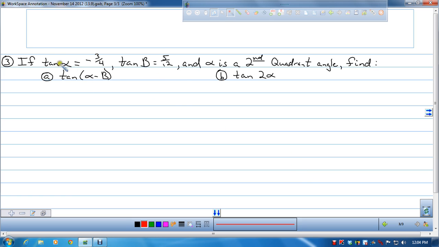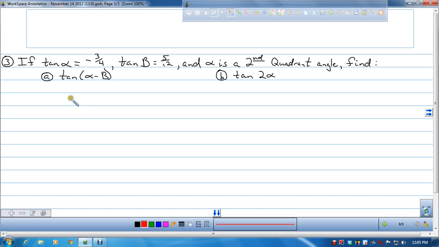Lastly, let's look at a few things. If tangent of alpha equals negative 3 over 4, tangent of beta equals 5 over 12, and alpha is a second quadrant angle, let's look for both of these. So, tangent addition formula here, obviously, but I am subtracting.